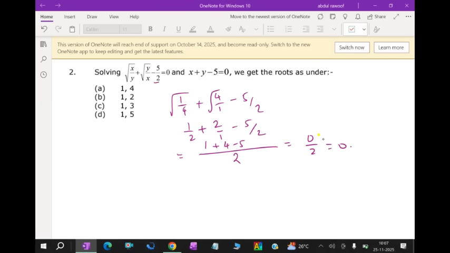And also x plus y minus 5 equals 0. Here x is 1, y is 4. So that is correct, because 1 plus 4 minus 5 equals 0 is also possible. So here option A.